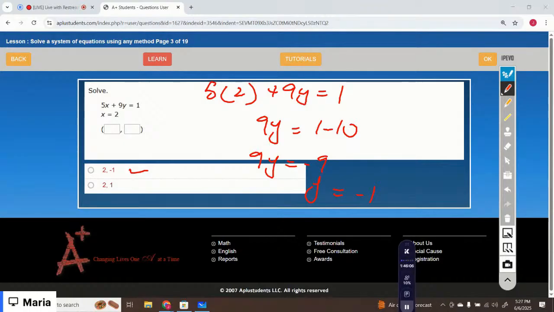X equals 2, y equals negative 1. Option number 1 is the correct option.